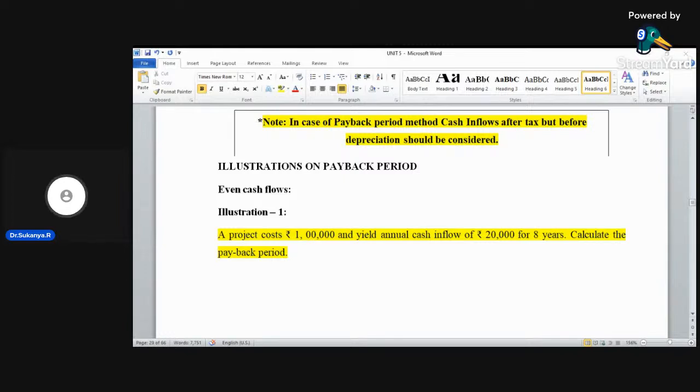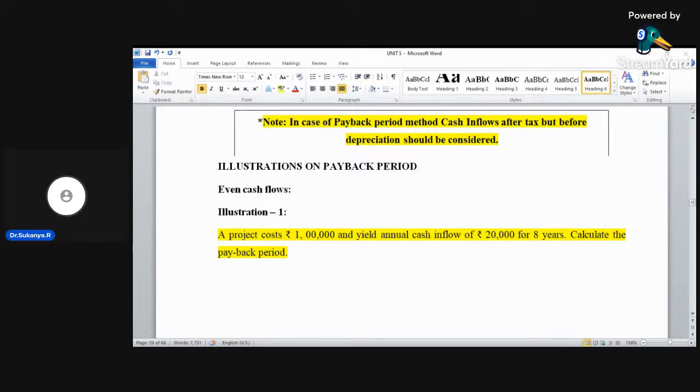Let us say we have invested 1 lakh rupees in a particular project. We should see within what time we will be able to recover that 1 lakh rupees. How many years is required? It basically depends upon what cash flows we are able to generate over a period of time.